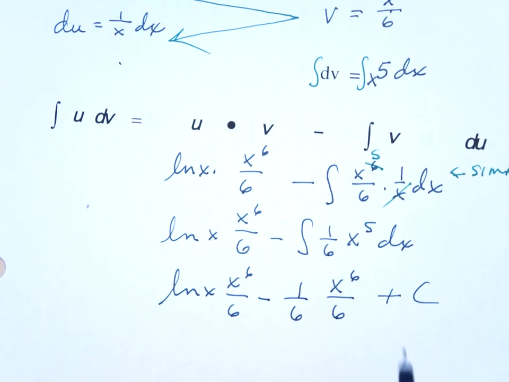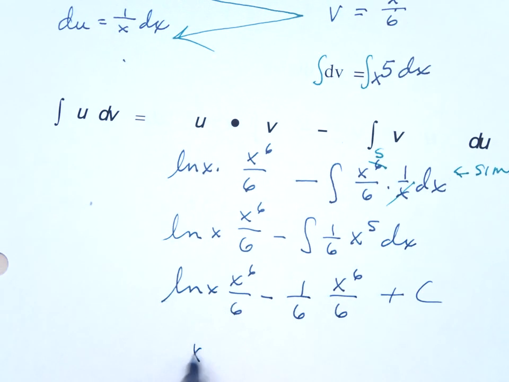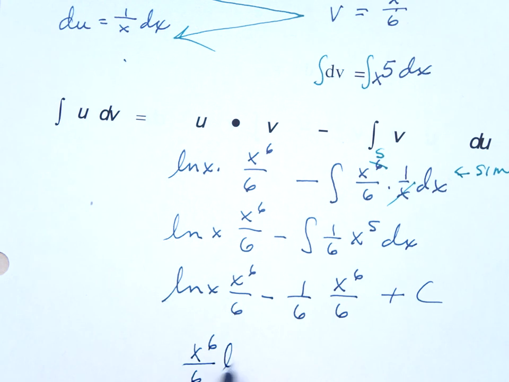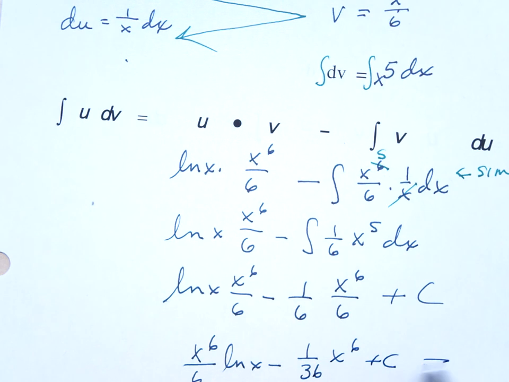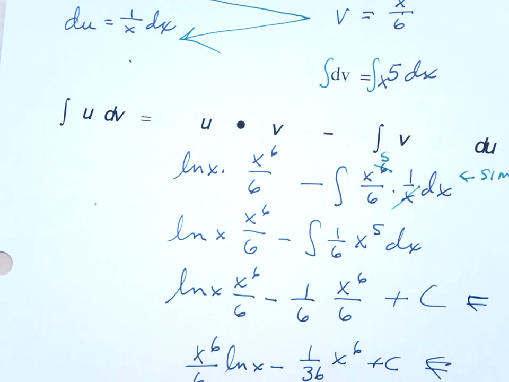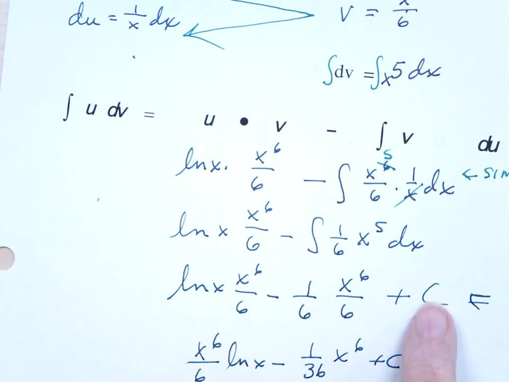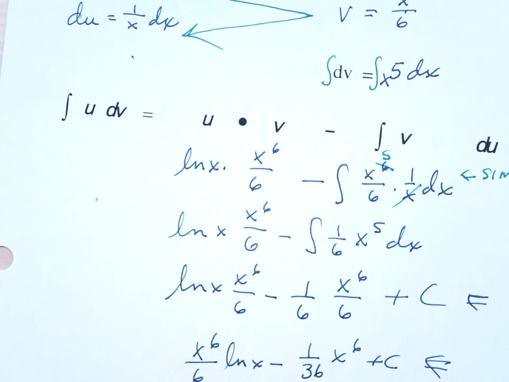So if you want to clean it up a little bit, I usually like to have this thing in front, and then 6 times 6 is 36. Or somewhere along the way. This is perfectly fine. There's nothing wrong with that. Depends upon what you're going to do with it.